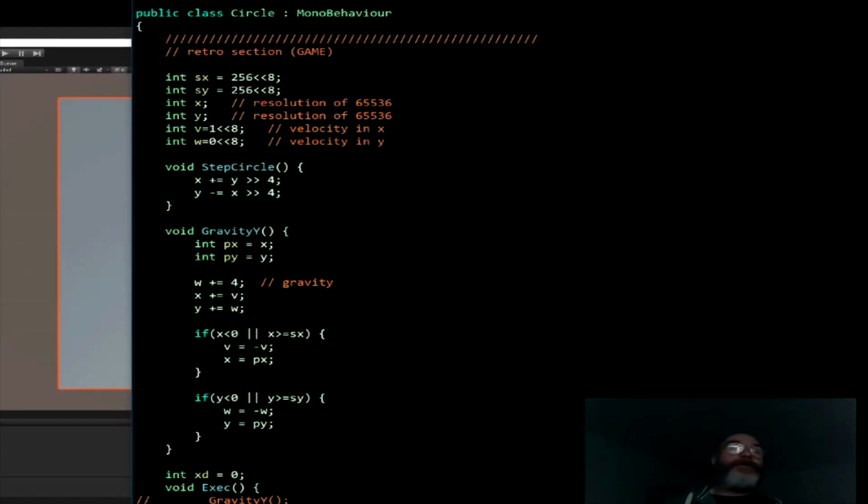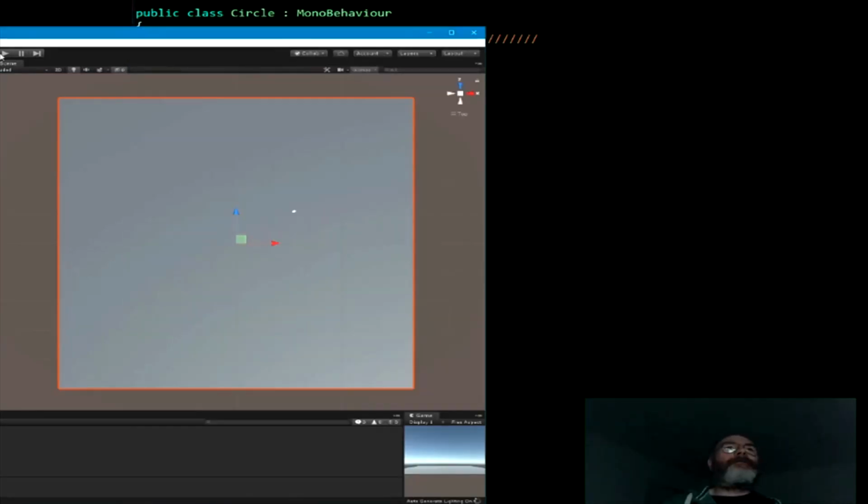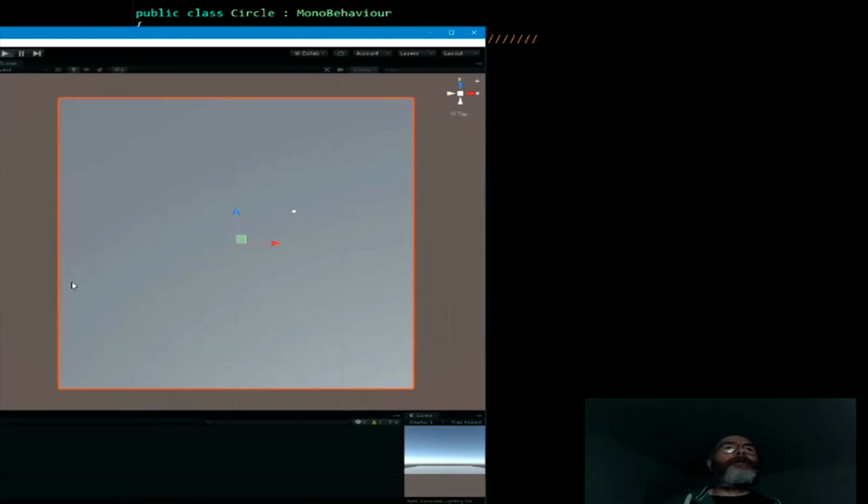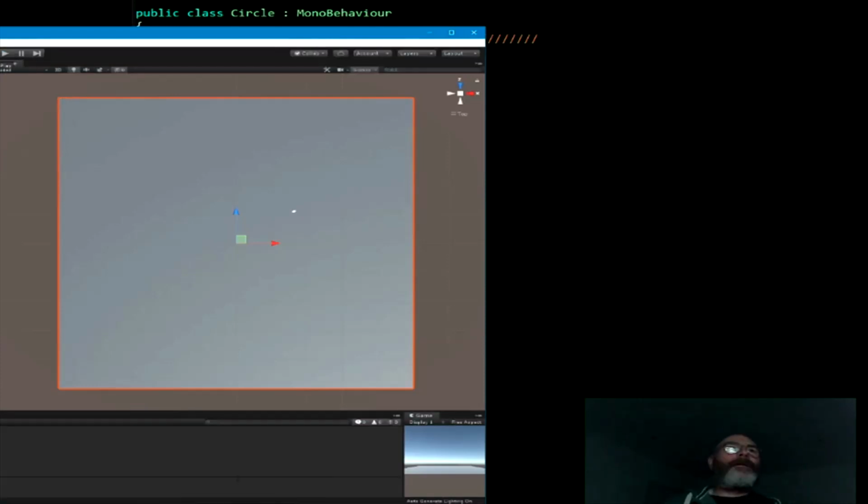But now if I get rid of the gravity, I can replace it with something else. So what I'm going to do is execute step circle instead. Just curious what will happen if I do this. It doesn't seem to be doing anything.